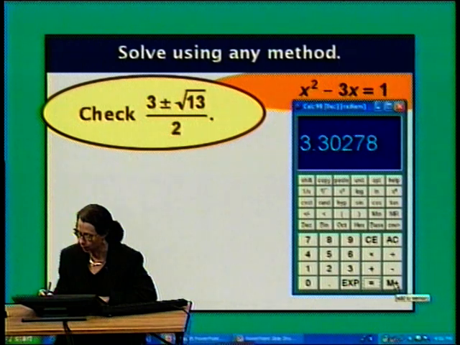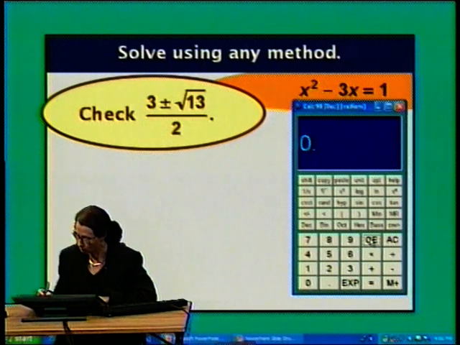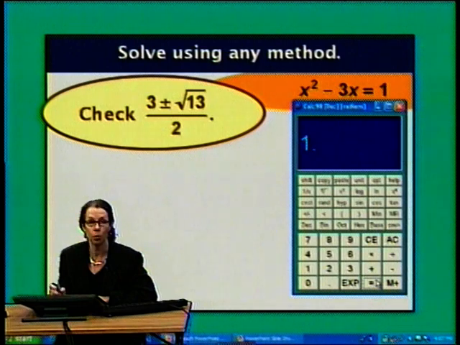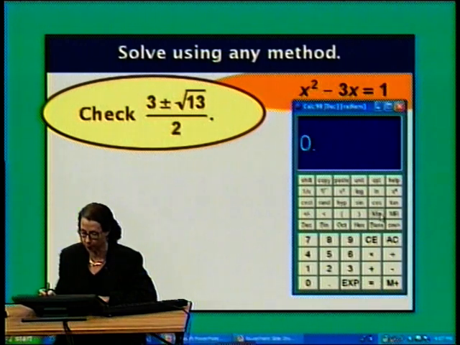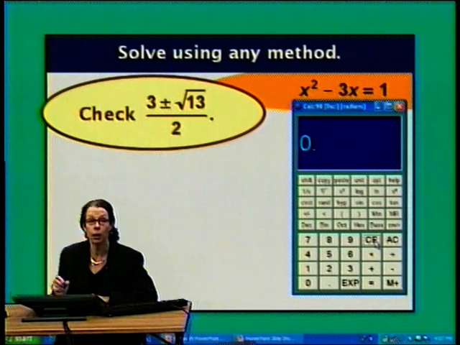Now I'm going to add that to the memory and clear my screen. Now I'm going to evaluate x squared minus 3x and hope I get 1. So calling my number out of memory, squaring it, there's x squared minus 3 times x equals 1. The solution checks. Let me check the second solution. So now I have 3 minus the square root of 13, close the parentheses, divide by 2, add that to memory, clear my screen.